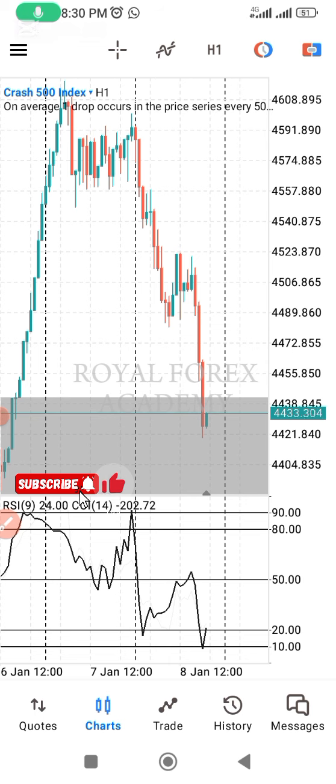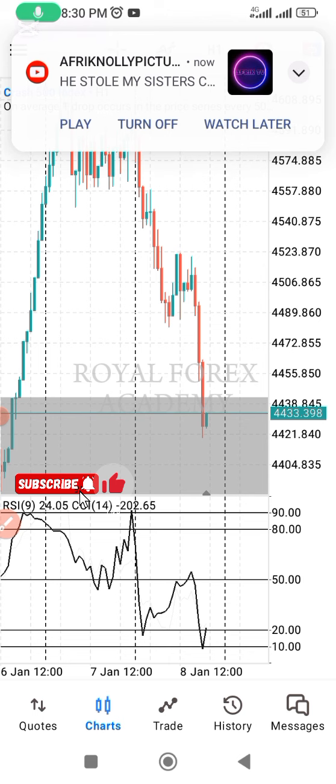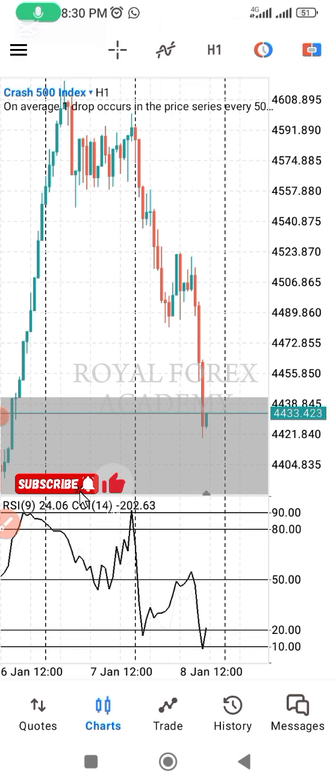What guarantees that price will buy is a buying signal, a buying indicator. The buying indicator I'm talking about is not the indicator on the screen. I'm referring to signals from the market, price action, which can be known and interpreted using the candlestick patterns.